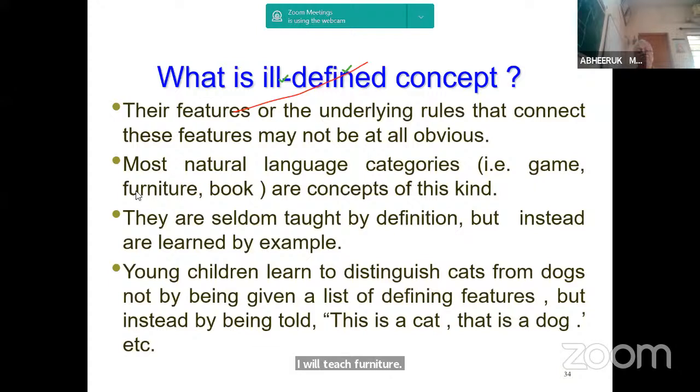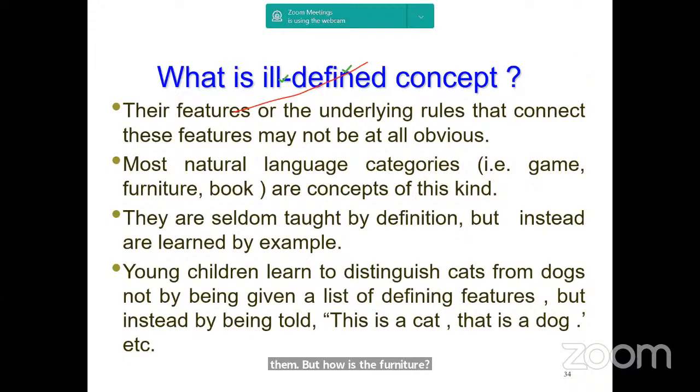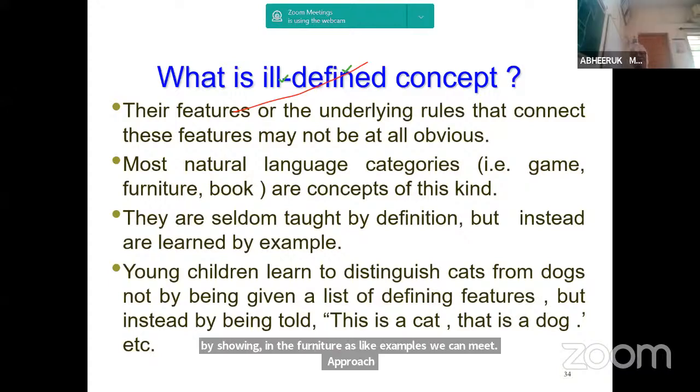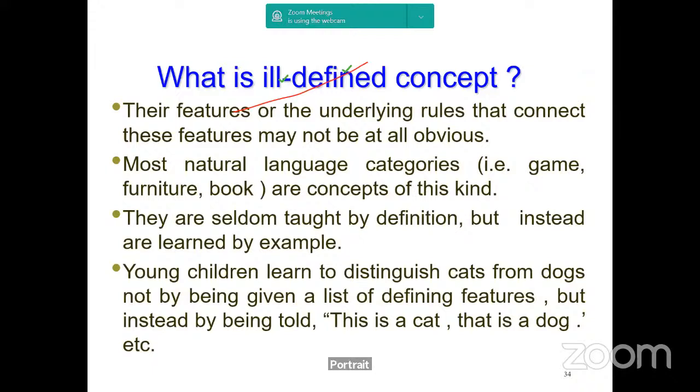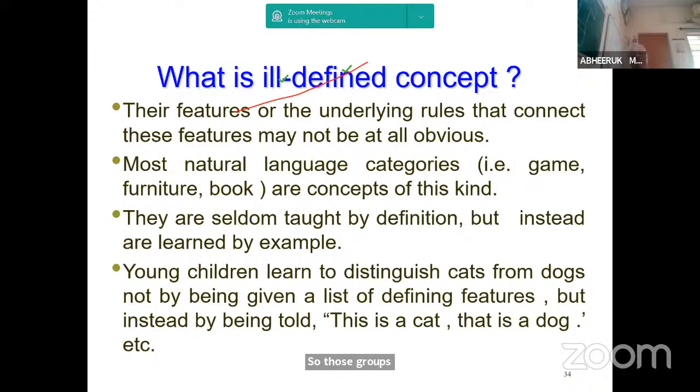Chair, table, you can show them. But how is the furniture? Sir, by showing them the furniture as live examples, we can portray. Then you have to see the home furniture and office furniture. Okay. Yes, sir. Different. So those groups, why are they used? So this is complicated.